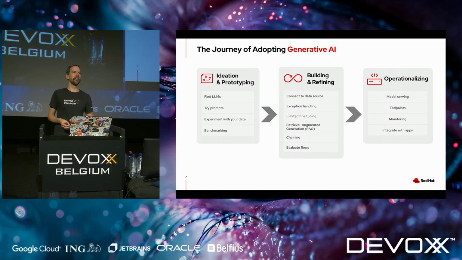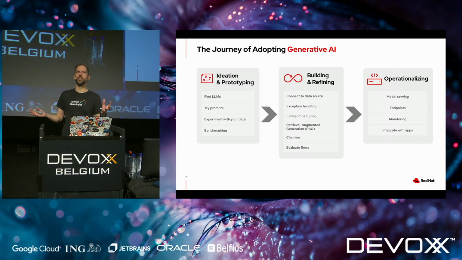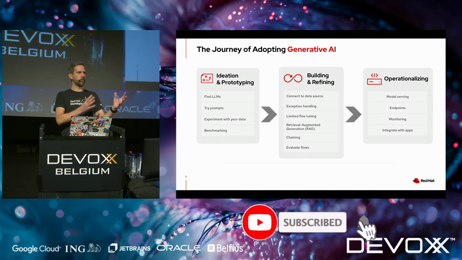You might start with ChatGPT or something. You might go to Hugging Face and find a model that works for you. You're going to try it out, prompt it, and see what it gives back, because all these models are different. They come up with sometimes vastly different responses to your questions based on how they've been trained and how the weights are. Then you can experiment with your data. So that's the first step.